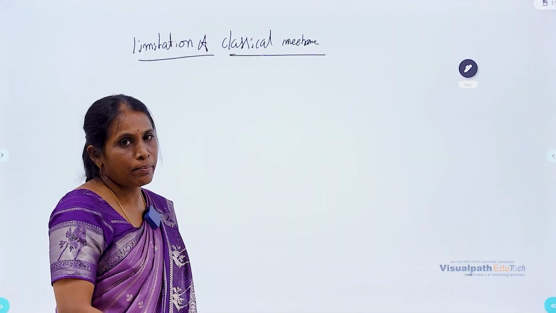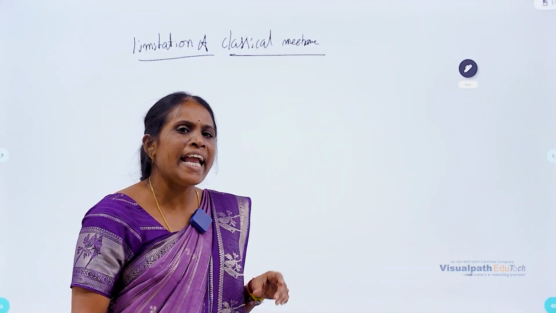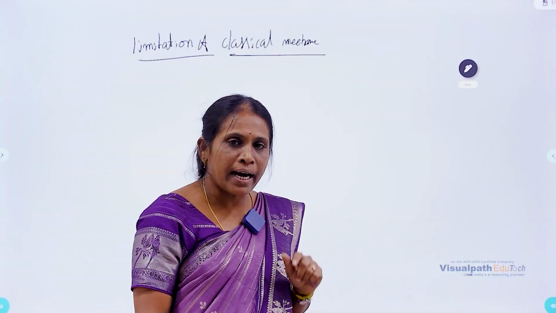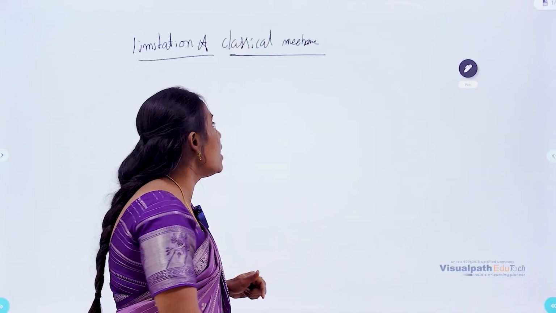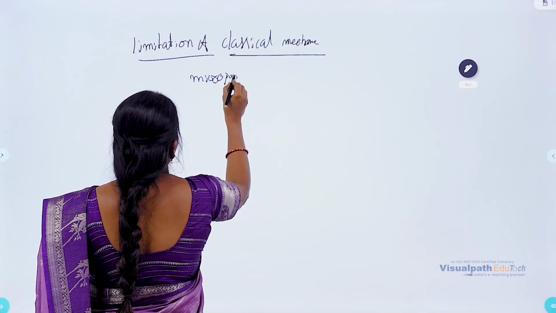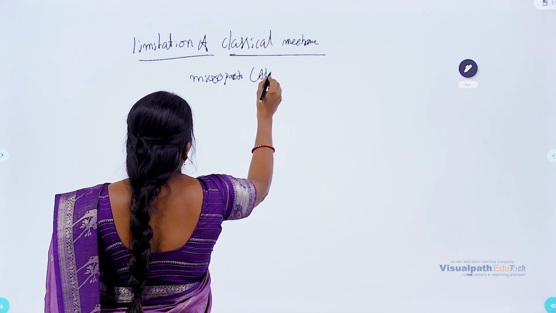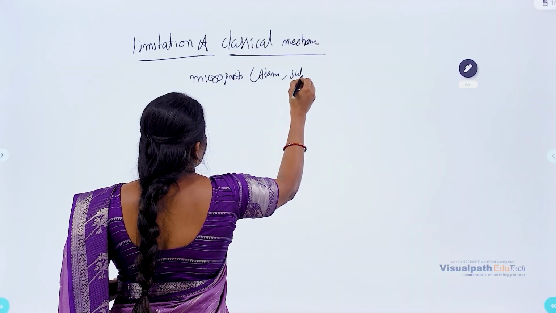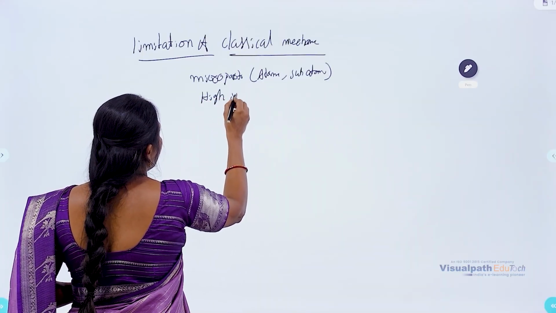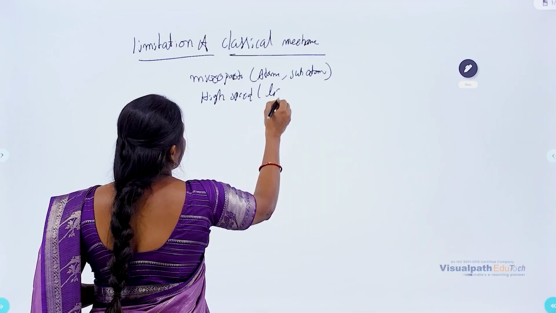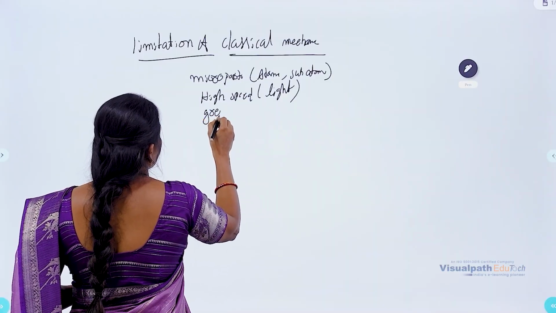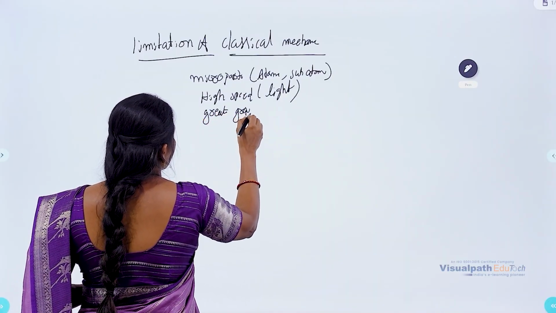Limitations of classical mechanics. Generally, in everyday objects, classical mechanics explains greatly, but it fails to explain microscopic particles like atoms or subatoms, and high speed, which means light speed, and also greater gravity levels.